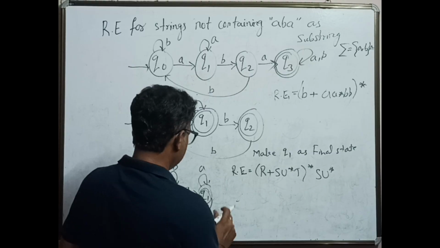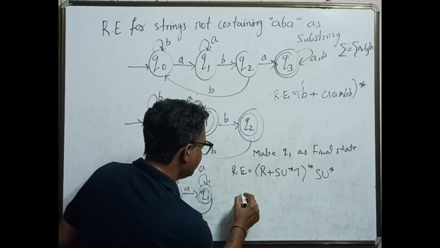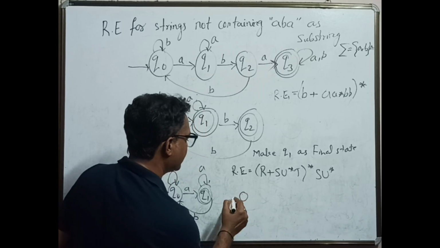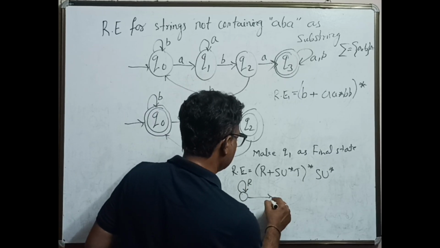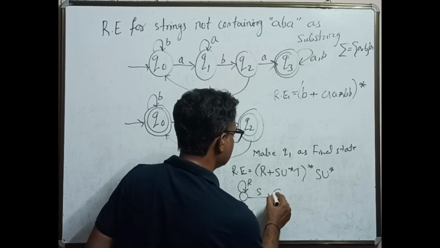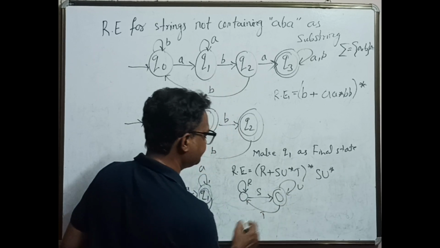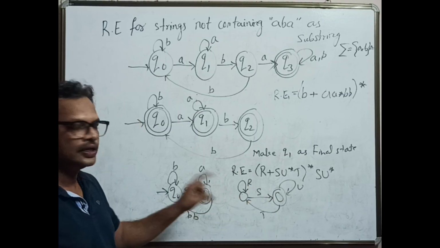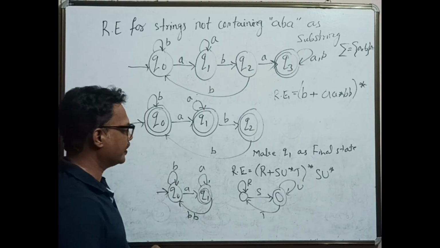Now in this, I'll tell you what R, S, U, T are. It will be like this. Any state, you take any state. This is R. This is S. This is U. And this is T. So R, S, U, T. Now this is the standard formula that we have.